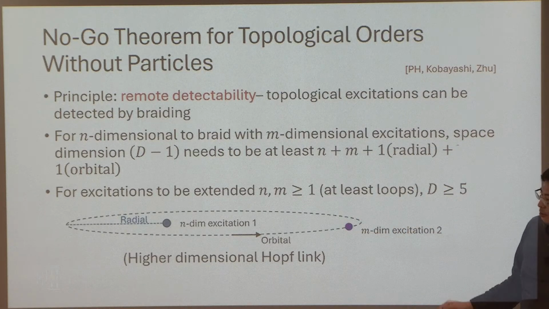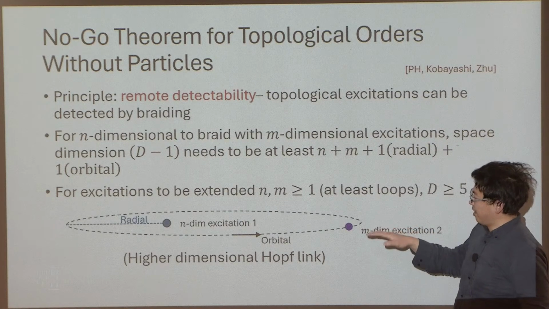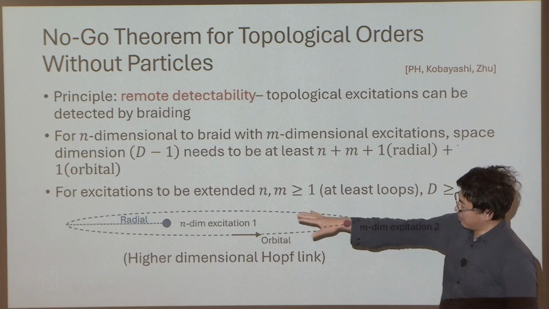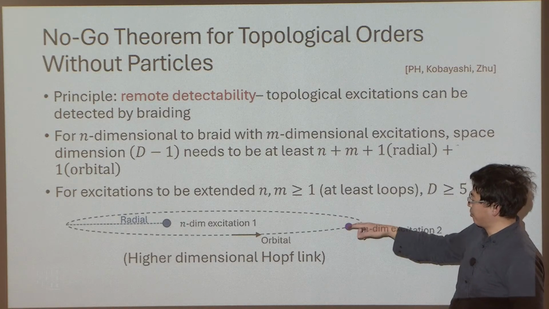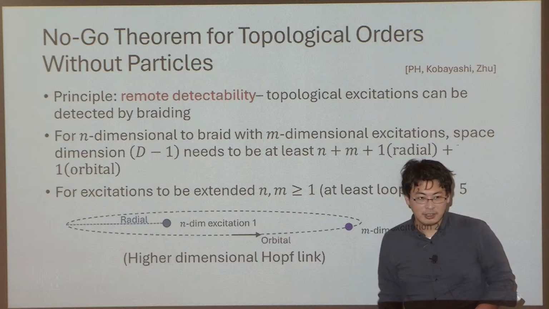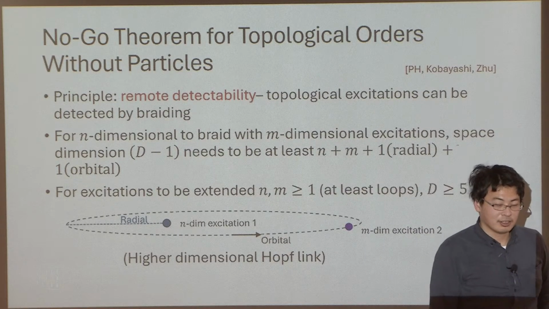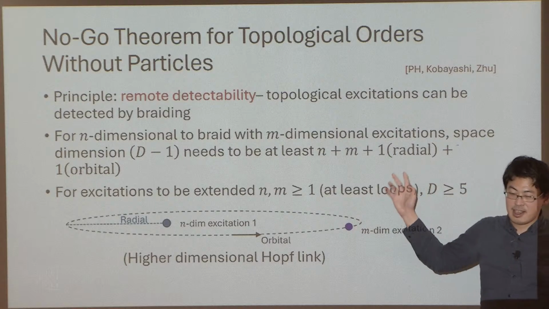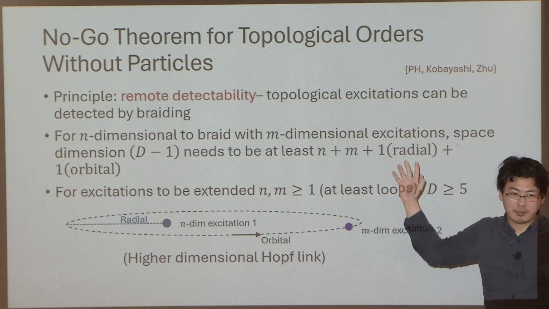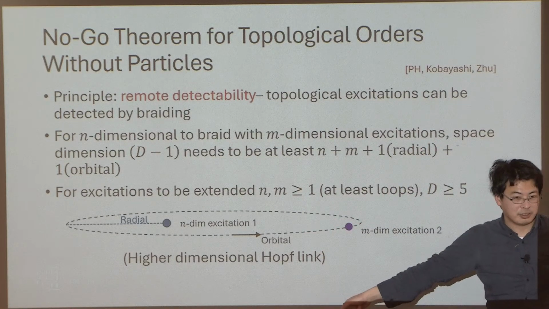So in this particular two-coordinate plane, you just move one excitation around the other. Let's say it's two loops, right? Then what happens? Not really. The first thing is that one of the loops has to extend in, let's say, the x direction, but the other loop has to extend in the y direction.